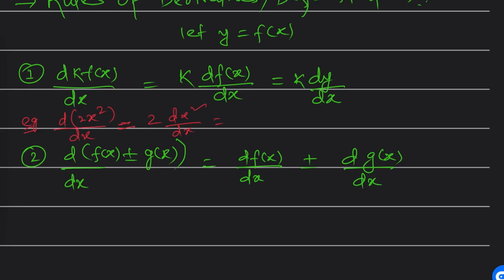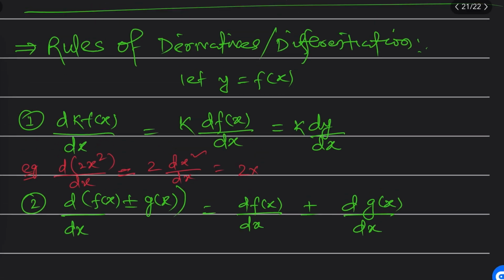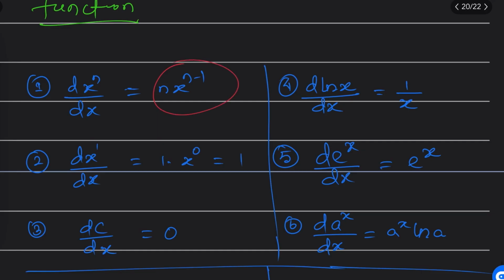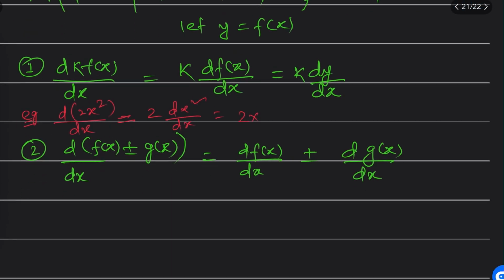X power n, differentiation is n x power n minus 1. Can you see it? Yes. So now let's use it. N is 2, so 2 into x power 2 minus 1, it is 1, so it is 4x. So 4x is the answer after differentiation of 2x square.